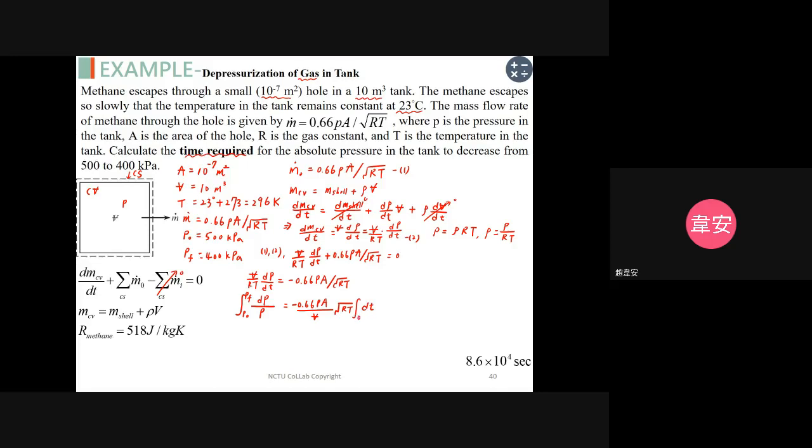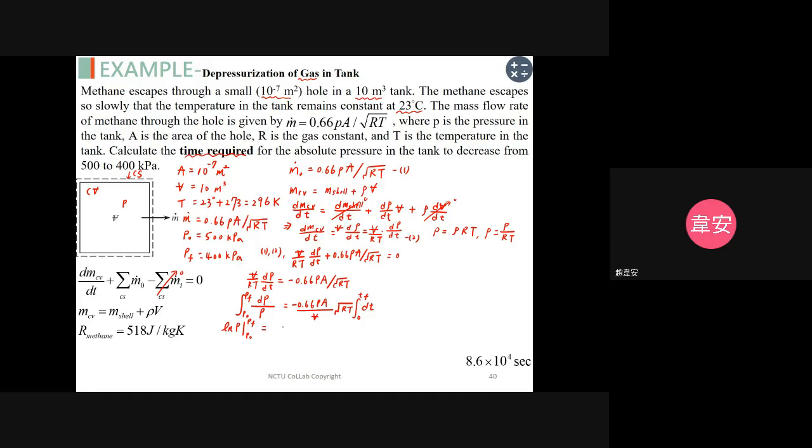So we start from 0 to the final time. Here we process the integrations, so this is equal to the integral of dP over P, and the interval of the pressure is from P0 to P final.